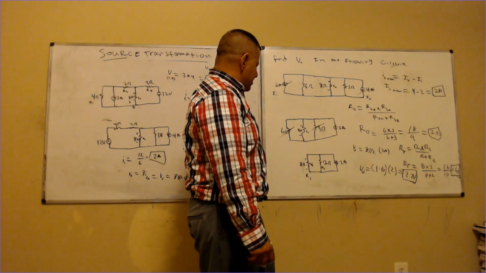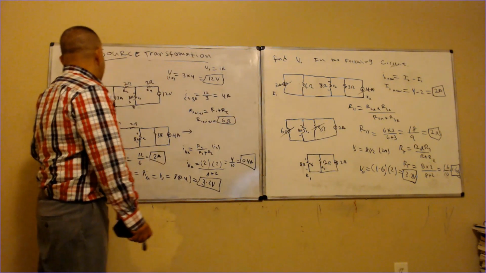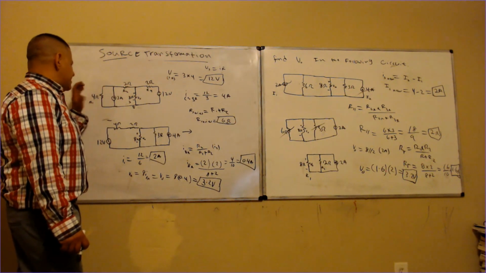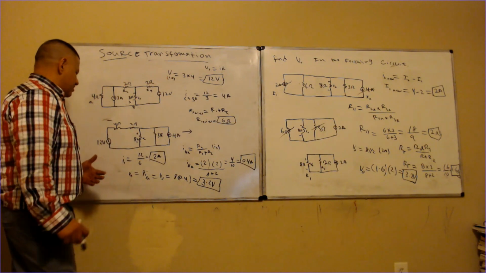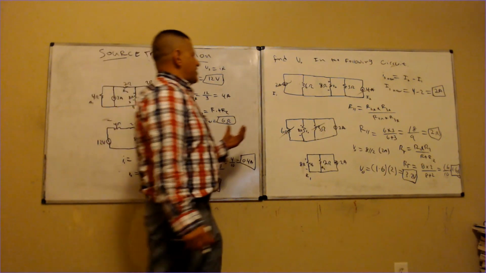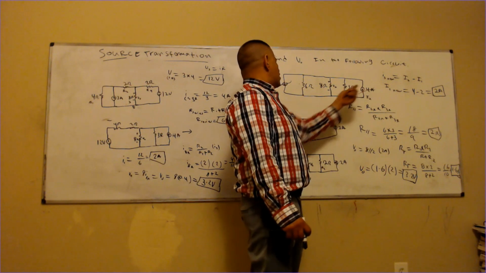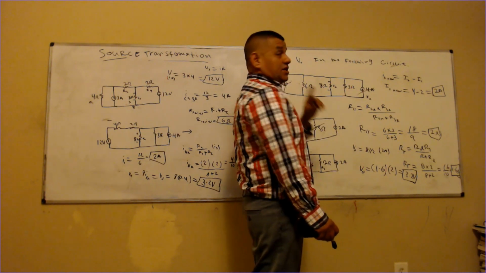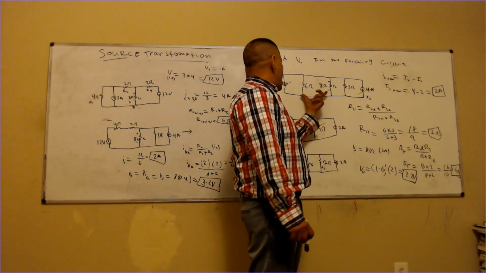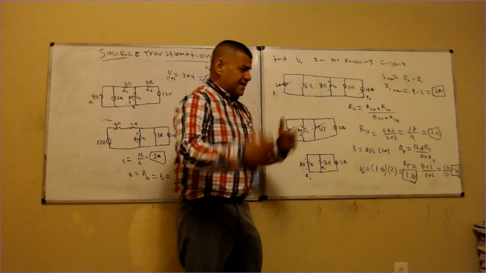So that's how we solve the problem. Using source transformation, we take whatever sources we have and transform them back and forth until we get to the end. In this case, we had 2 current sources that we were able to eliminate to make one source, and then reduce it as much as we can using series and parallel circuit techniques.